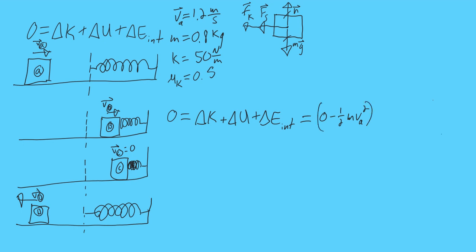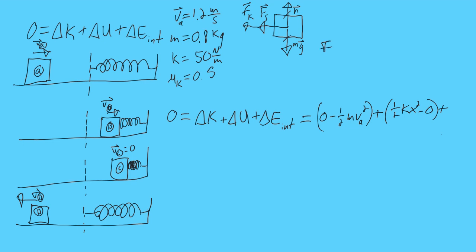Then we are going to add the change in potential energy. So we know in the end there's going to be potential energy, but at the beginning there was none. So it's 1 half k x squared minus 0. And then plus our force of kinetic friction, which we can look up here, right?